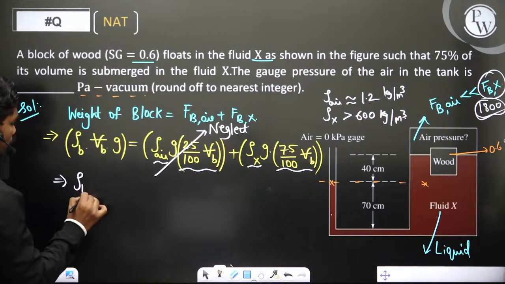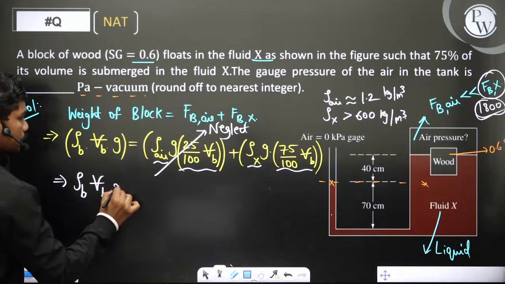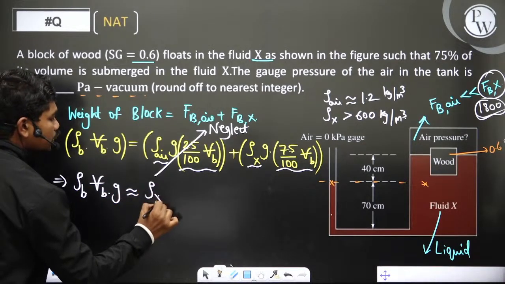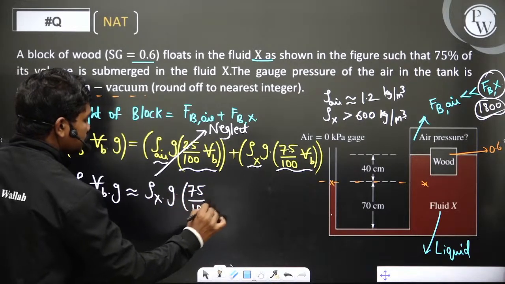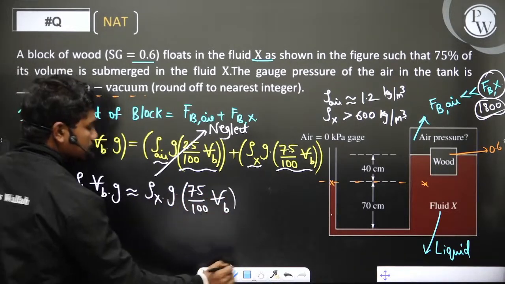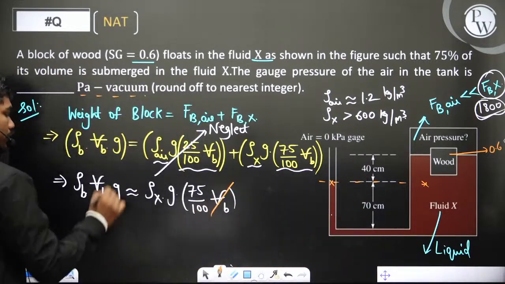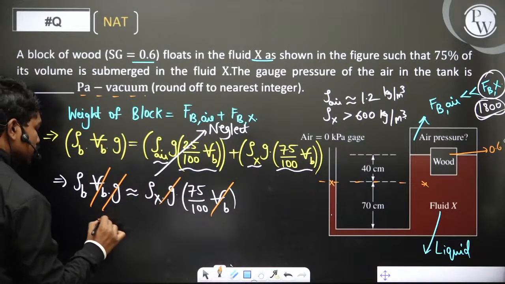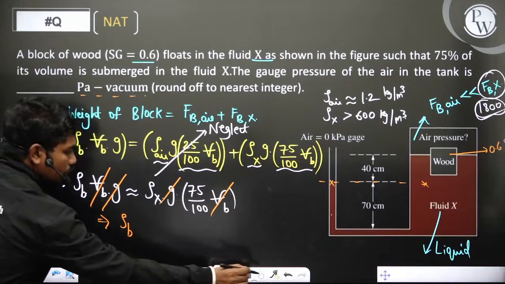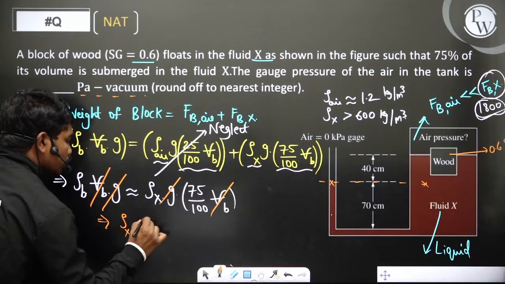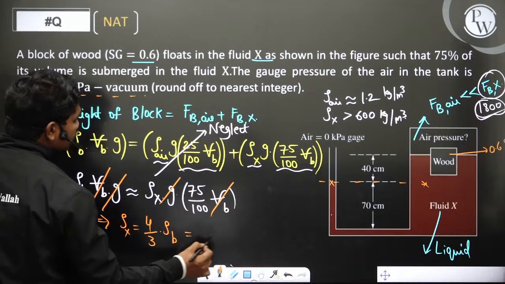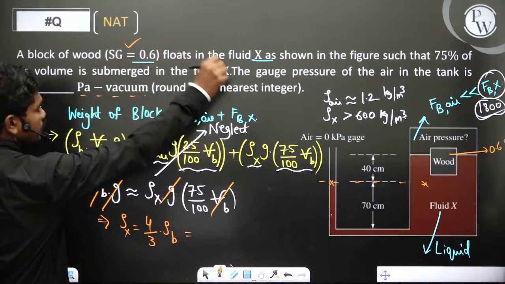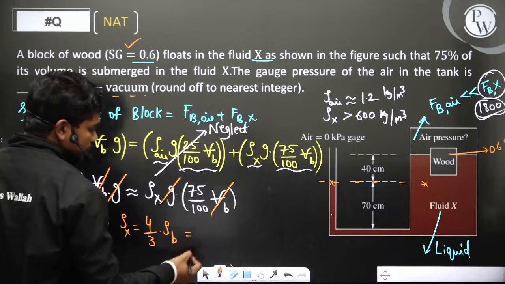So density of block into V block into G is approximated as density of fluid X into G into 75 by 100 times the volume of the block. If you simplify, volume of the block and G get cancelled. So clearly the density of fluid X is 4 by 3 times the density of the body, which is 600. If you take water as 1000, then specific gravity is 0.6.